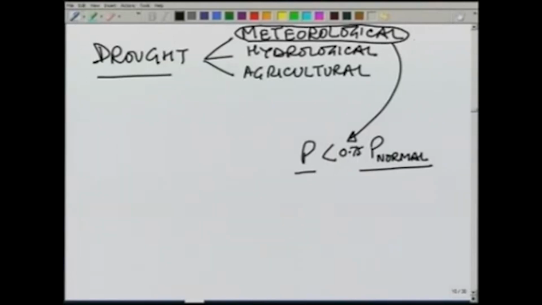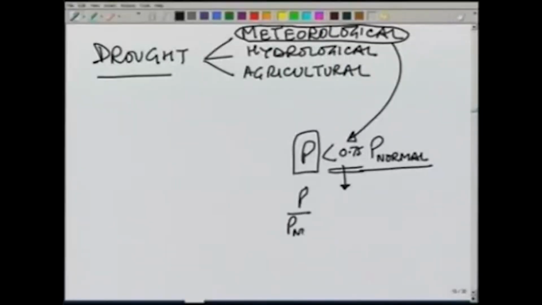So, any annual rainfall over the catchment which is less than 75% of normal would be classified as a drought. And again, below 0.75 there is a wide range of precipitation. So, it can be classified as a severe drought or a moderate drought, depending on what the actual values of P are compared to P normal.